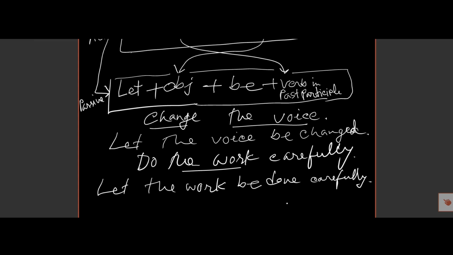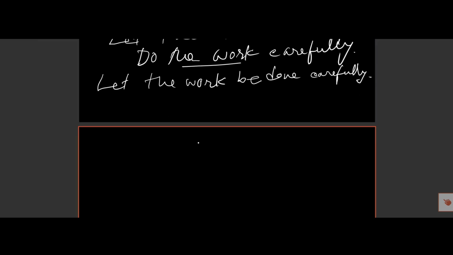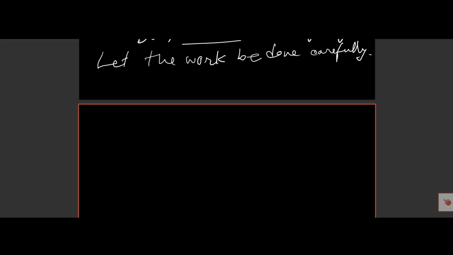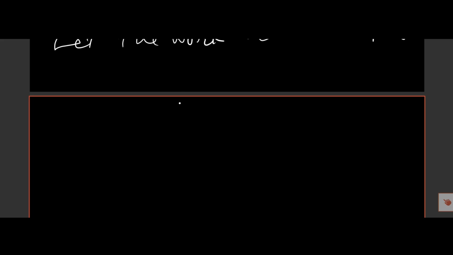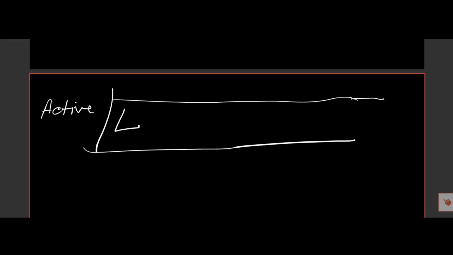Let's see another example of another structure of imperative sentence. If the active voice begins with let, and here is a subject, but after let, the subject will be in the objective form.